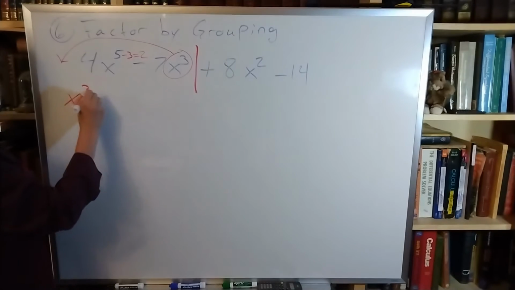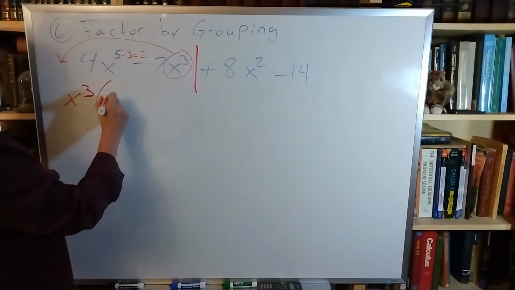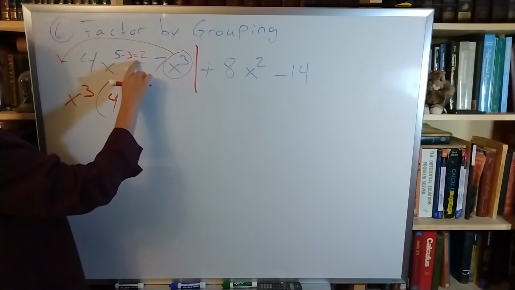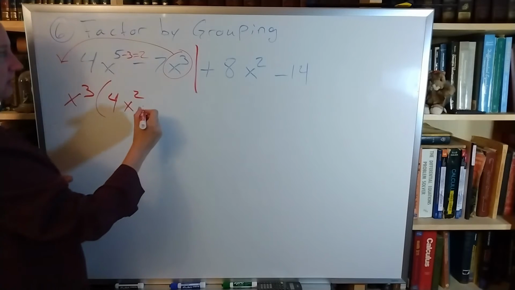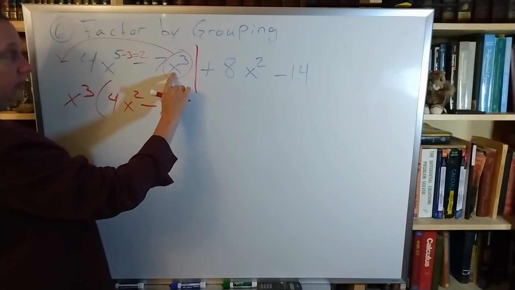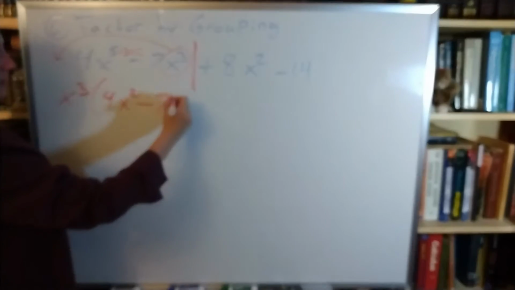Put it out front. And then I divide that from all of these others. So I have 4x to the 2. I used my rules for exponents. Minus 7x to the 0. Because I'm factoring that whole thing out there.